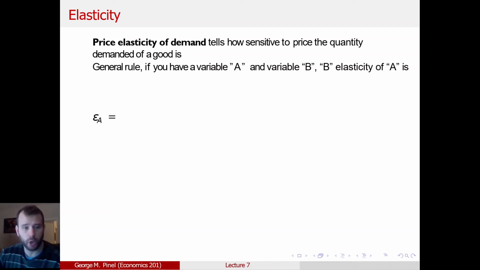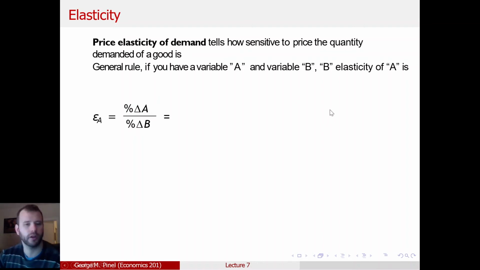Okay, so price elasticity of demand is going to be epsilon sub D for demand, or if it's income, epsilon sub I for income. So epsilon sub I or epsilon sub A or epsilon sub D or whatever is going to be given by the percent change in A over the percent change in B. So if it's price elasticity of demand, you'd have the percent change in quantity divided by the percent change in price.